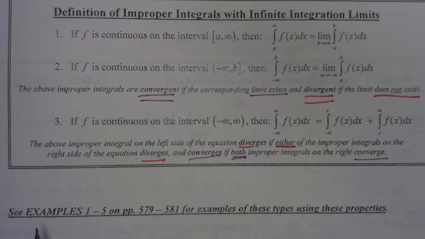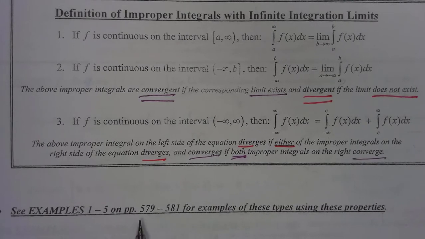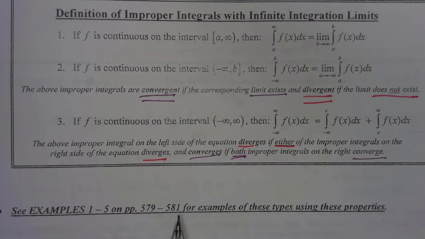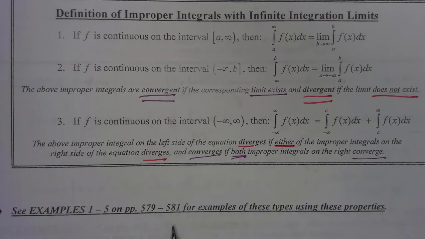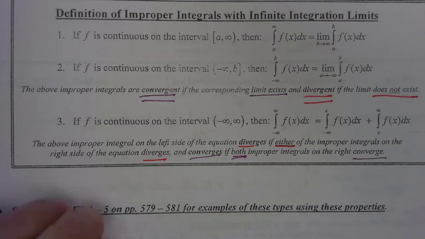Now it says here to look at examples 1 through 5 on pages 579 to 581 for examples of these types using these properties. So be sure that you turn in your book now and look at those. We'll talk about them in class, but I want you to have looked at them before we talk about them.